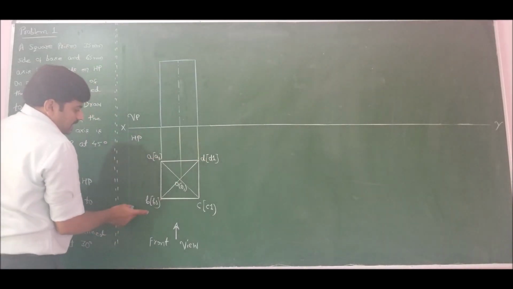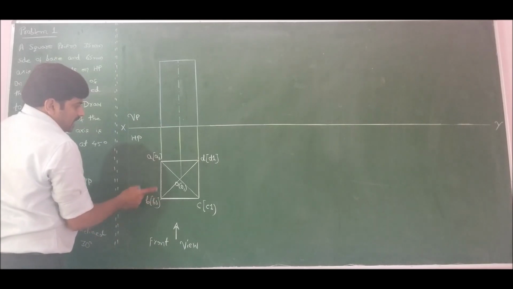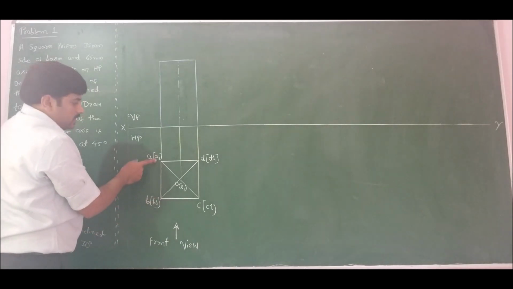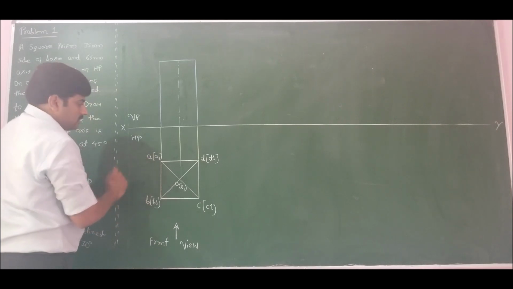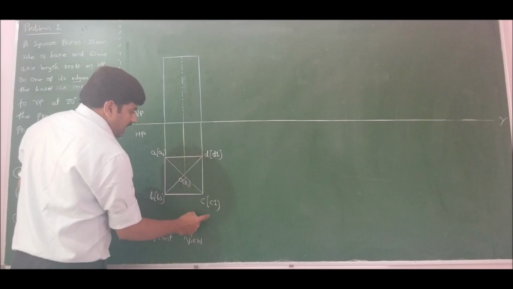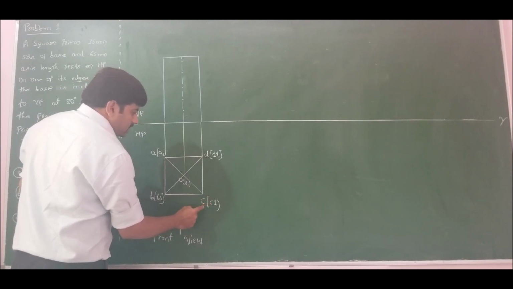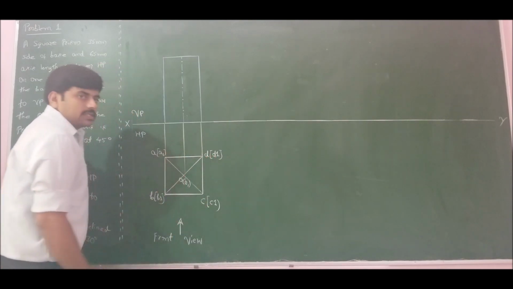So therefore in the base I can see B1, I can't see A1. In the apex I can see B, I can't see A. Similarly, in the right hand side I can see C1 and C, whereas D1 and D are invisible.